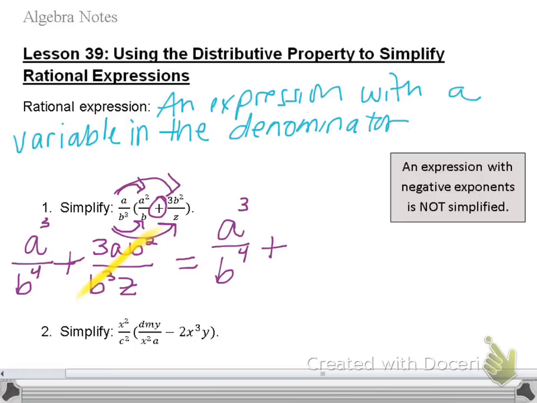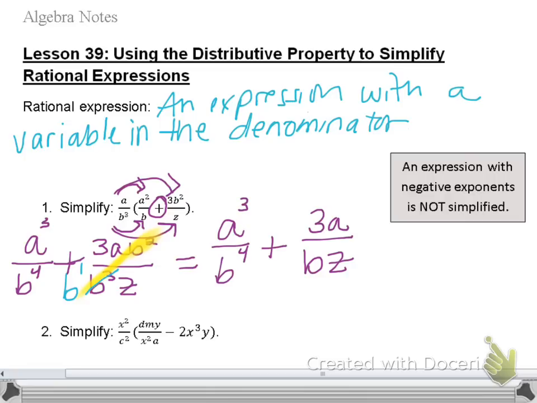So two of these b's are going to cancel out two of the b's on the bottom and make this b to the first power, which is just b. So on the top, we're left with 3a, and on the bottom, we're left with 1b and z. So that's our final equation.